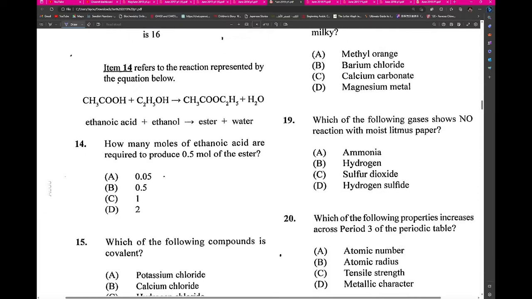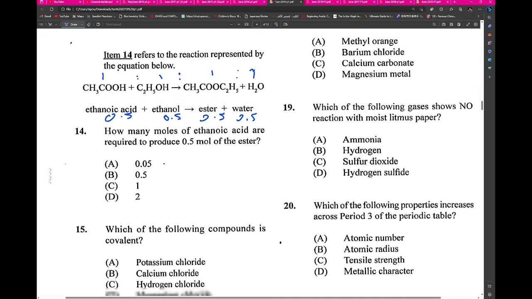How many moles of ethanoic acid are required to produce 0.5 moles of ester? What we're seeing here is a 1 to 1 ratio. That means if we're going to be producing 0.5 moles of the ester, we need 0.5 moles of the acid, 0.5 moles of ethanol, and we'll produce 0.5 moles of water, based on this equation.